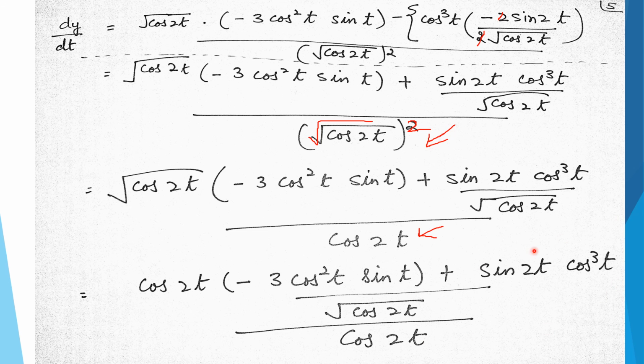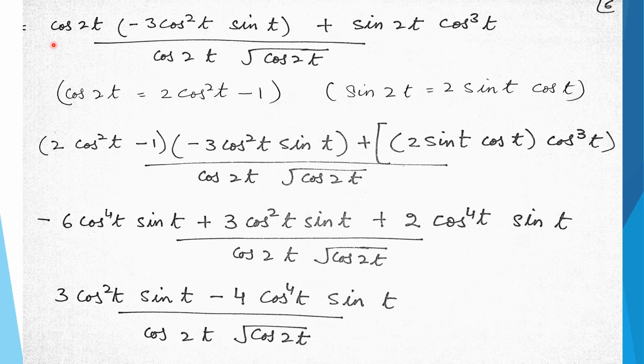Okay. Now, if you see here, it will be a upon b whole upon c upon d. D here is 1. So you will be multiplying these two LCMs. What you will do, now you will get cos 2t, bracket starts minus 3 cos square t sin t plus sin 2t cos cube t whole upon cos 2t into under root of cos 2t.